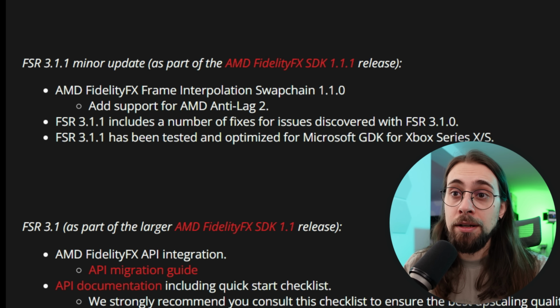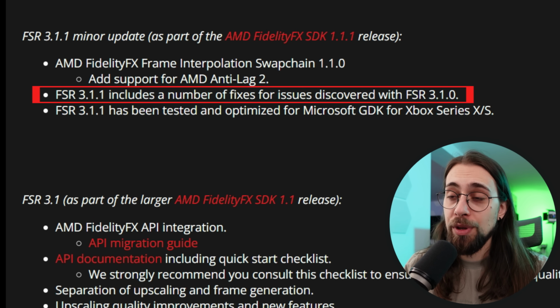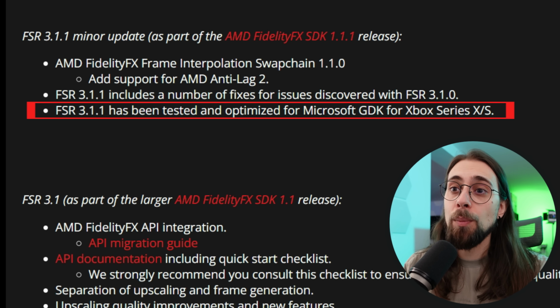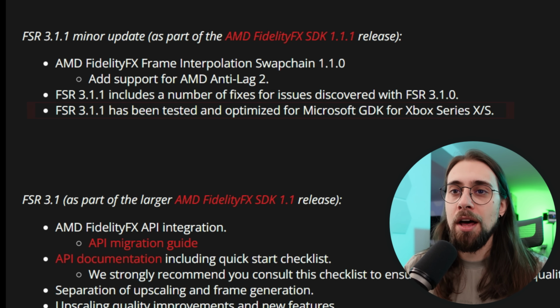Now we have a number of fixes for issues discovered with FSR 3.1.0, and then FSR 3.1.1 has been tested and optimized for Microsoft GDK for Xbox Series X and S, meaning that we now have it optimized for the Xbox Series.